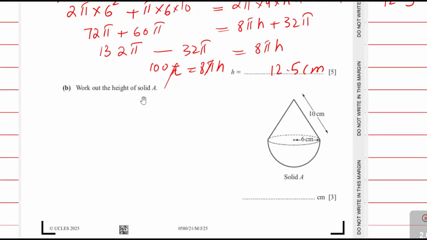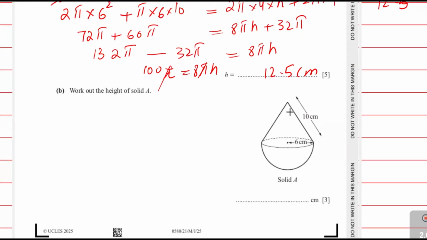Part B, work out the height of solid A. This is the height of the cone, and next this is the height of the hemisphere, and the total height H will be equal to h1 plus h2.